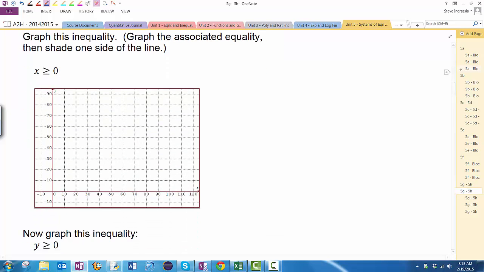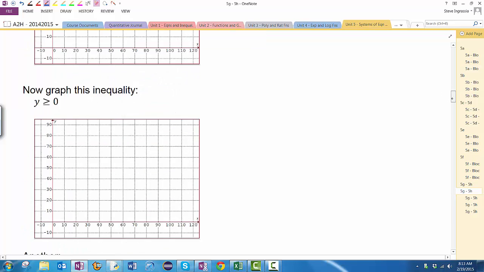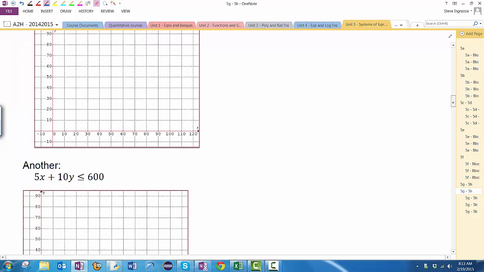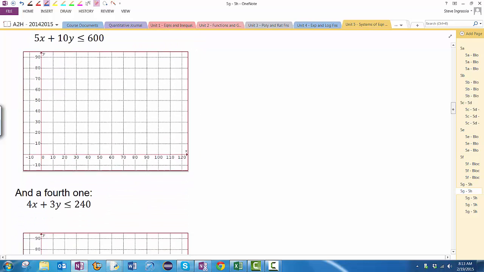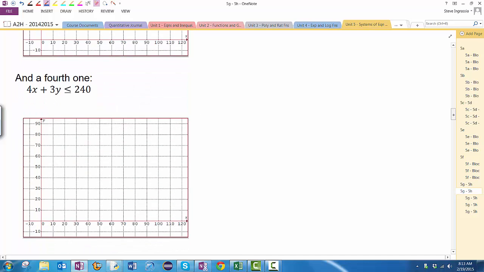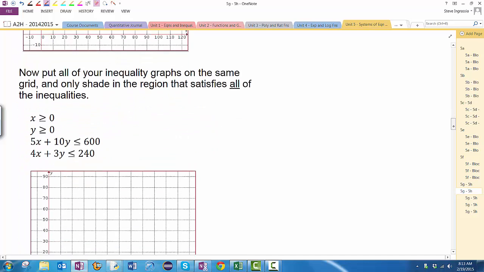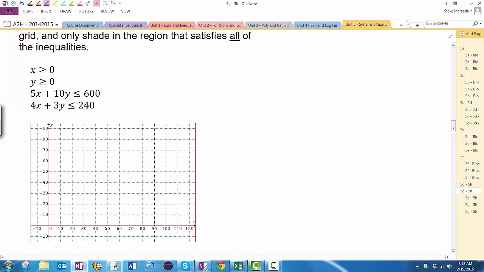I'm going to give you a few inequalities and ask you to graph them. I want you to graph this one, x greater than or equal to 0. Then I want you to graph y greater than or equal to 0. Then let's just pick 5x plus 10y less than or equal to 600, 4x plus 3y less than or equal to 240, and then put all 4 of them on the same graph. So go pause the video and go up to this point.